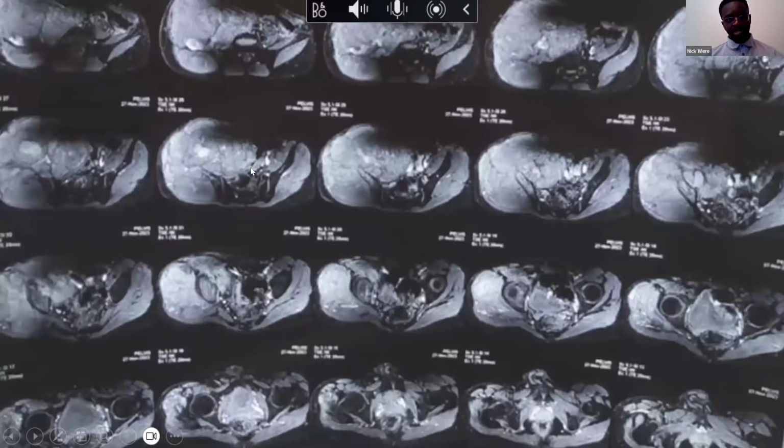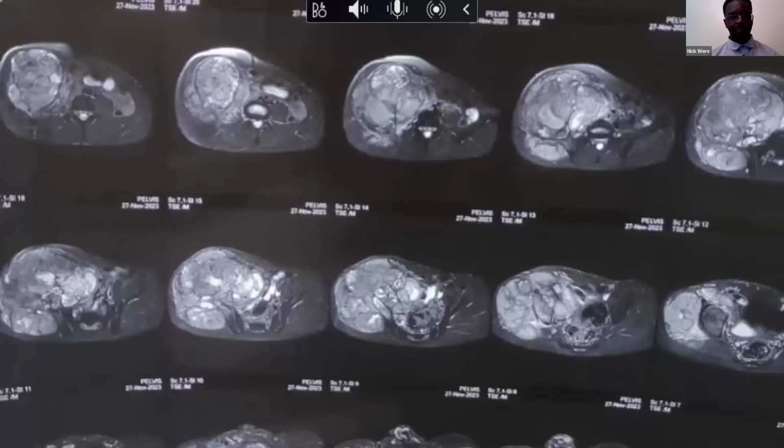This is another axial cut of the MRI showing the extent of the mass and the vessels. The common iliac vessels were preserved, just abutment of the vessels, but no significant infiltration. It's another scan.